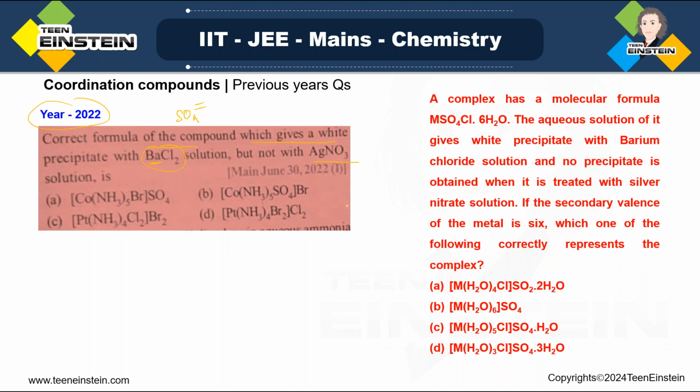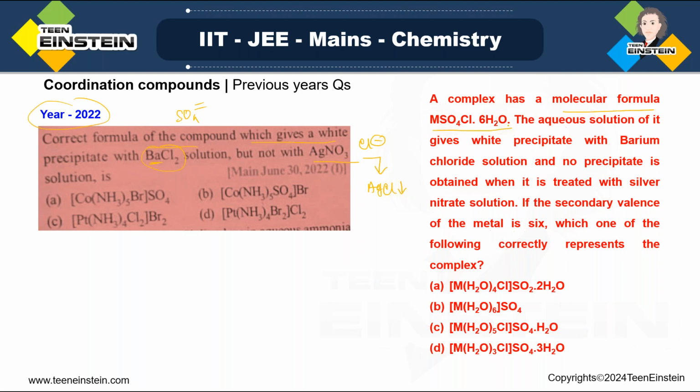It is also saying that there will be no precipitation with silver nitrate. With silver nitrate, you get precipitation when there is Cl negative, because AgCl is formed, but AgCl precipitation is not possible here. That means free Cl minus is not present. So this is the meaning of this question. And what about the second question? It is saying that a complex has a molecular formula like this.